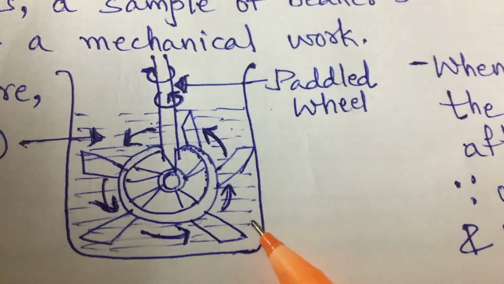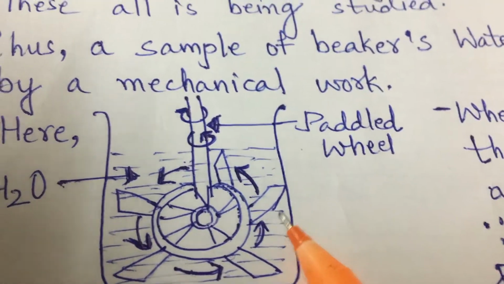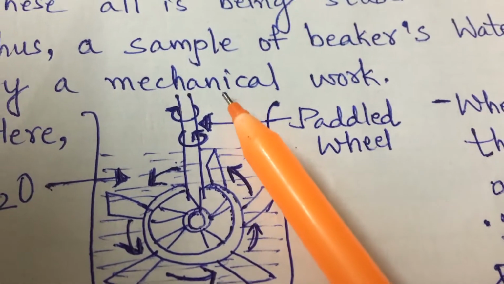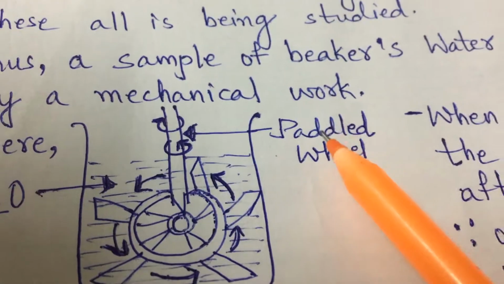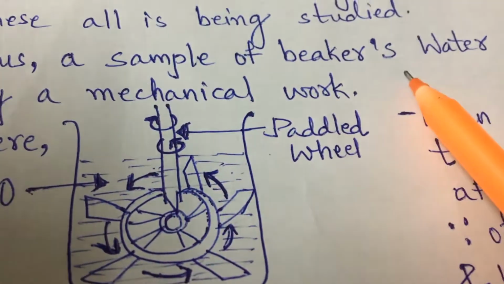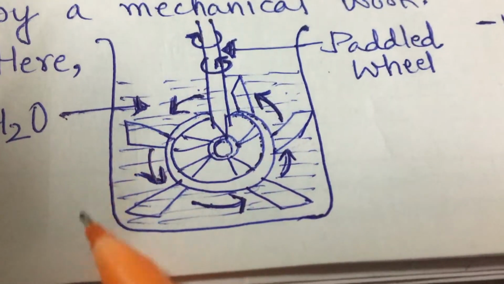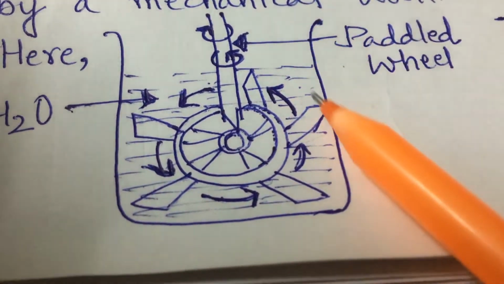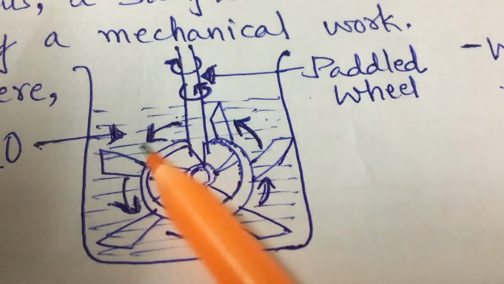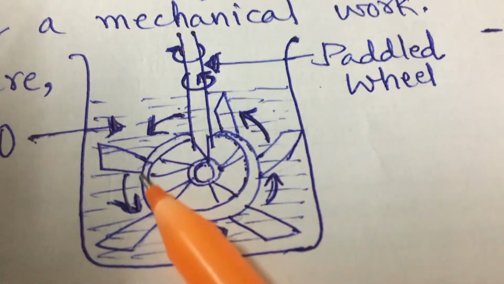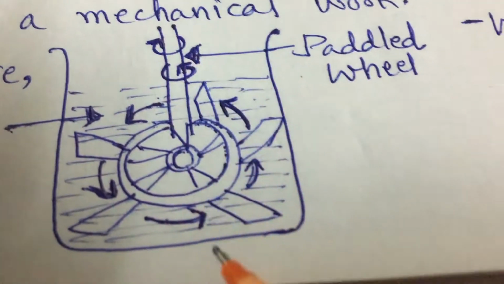Now let us see whether it is possible to increase the temperature of the sample of beaker water by mechanical work. Here a big chamber of water is taken, in which a paddle wheel, a wheel with some paddles, is dipped.